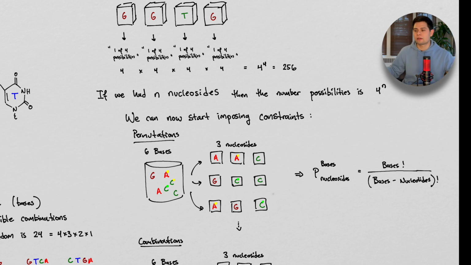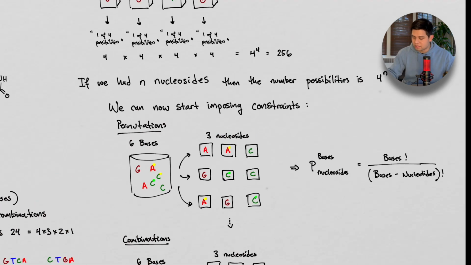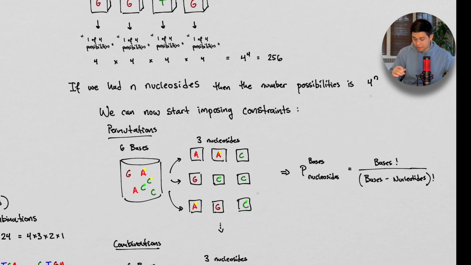You could have hundreds and thousands of bases at your disposal, but you can only fill 1, 2, 3, 4, maybe 100 nucleosides. Well, this discrepancy between 24 and 256 is a big discrepancy, and this again alludes to high degrees of variability within the potential outcomes that DNA has to offer when we start talking about how it transcribes proteins and all this kind of stuff.